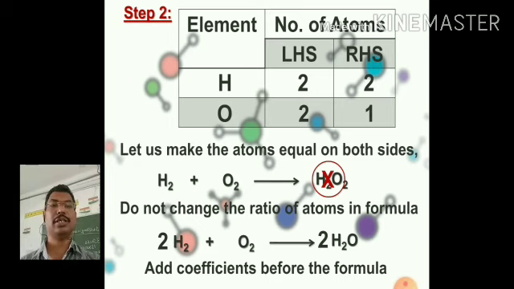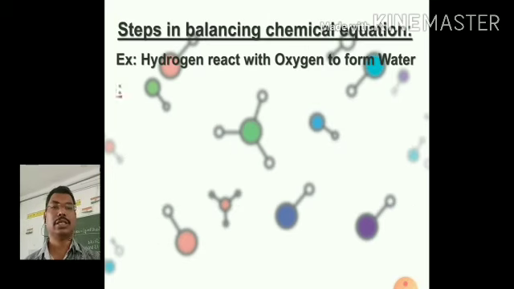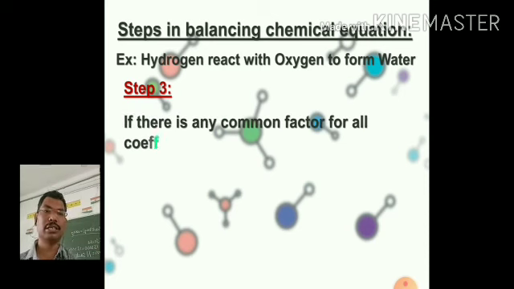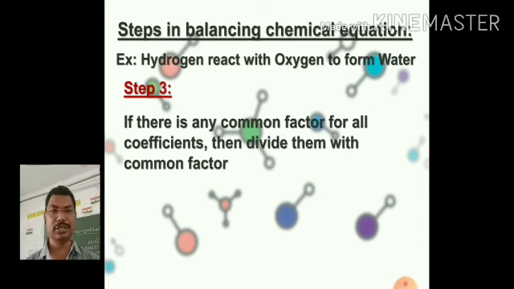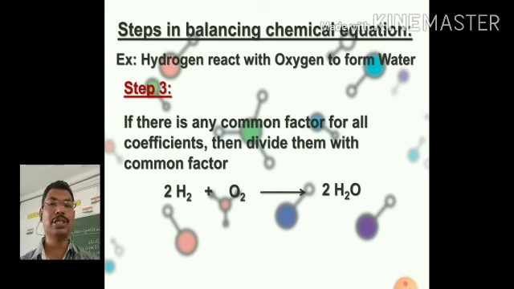That's it. Now, step 3. If there is any common factor among the coefficients, then divide them with that common factor. So, let us look at the common factor here. Before hydrogen, there is a number 2. Before oxygen, it is 1.